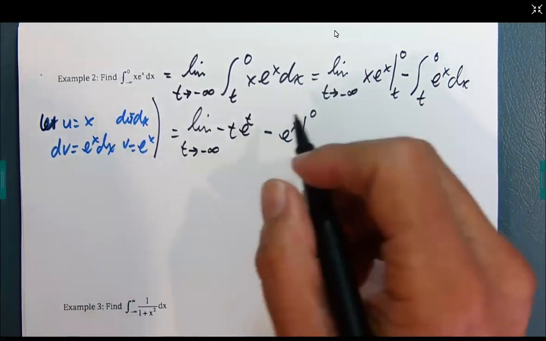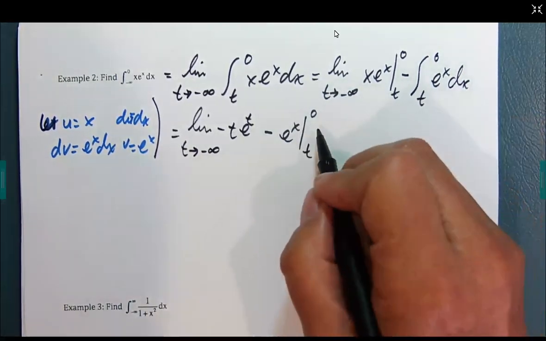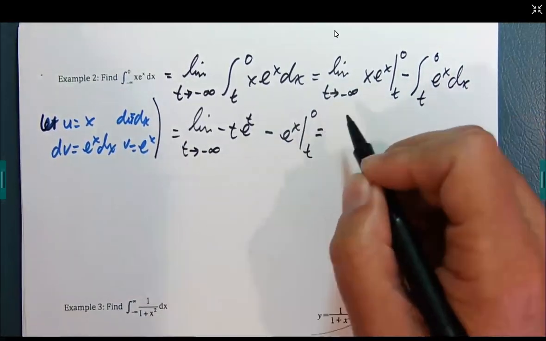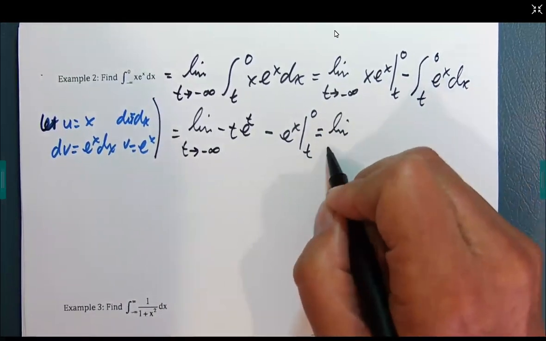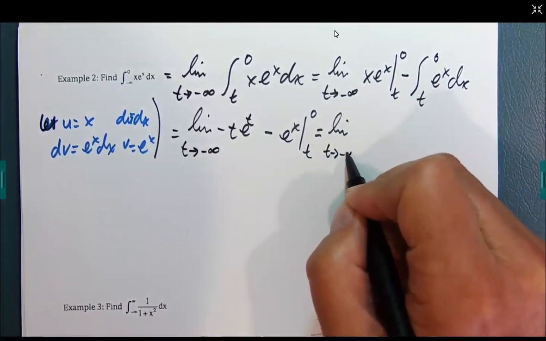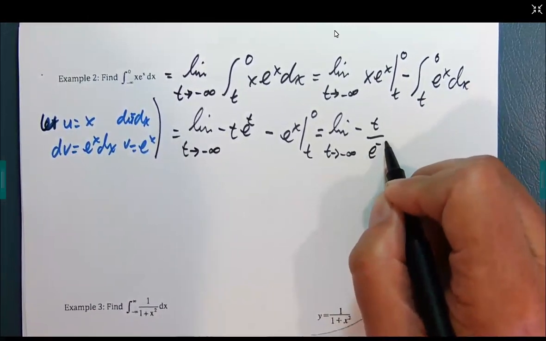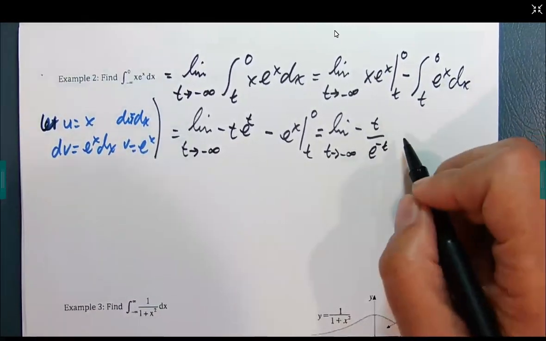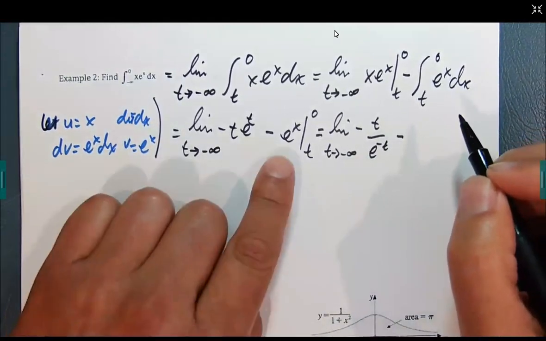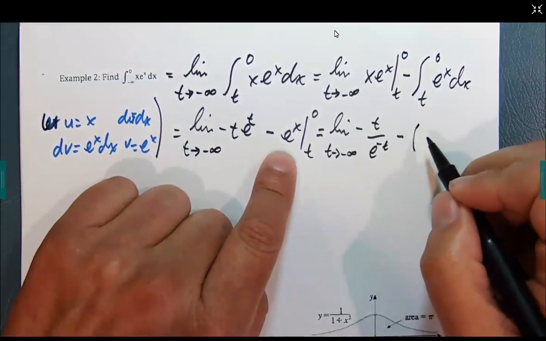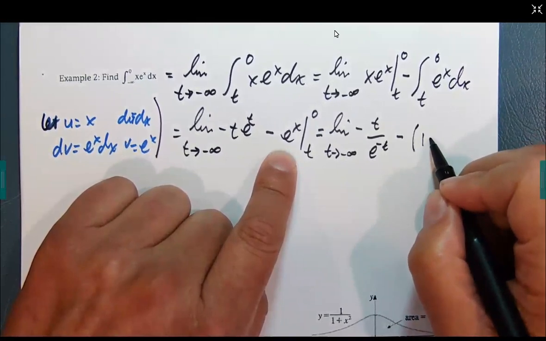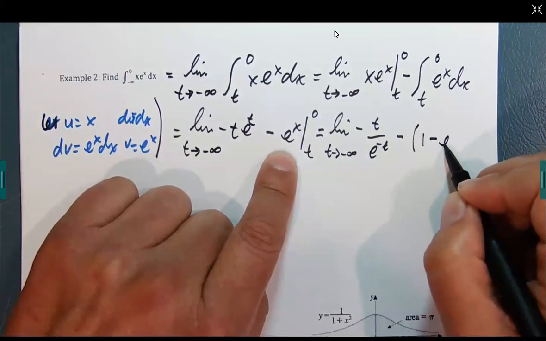And I'm going to rewrite it like this to remedy that. Minus, now that becomes e to the 0, which is 1, minus e to the t.